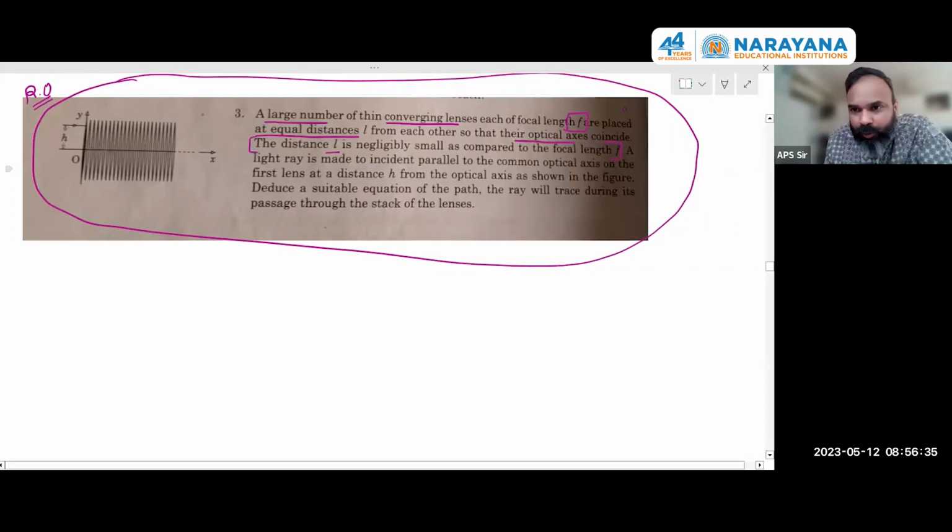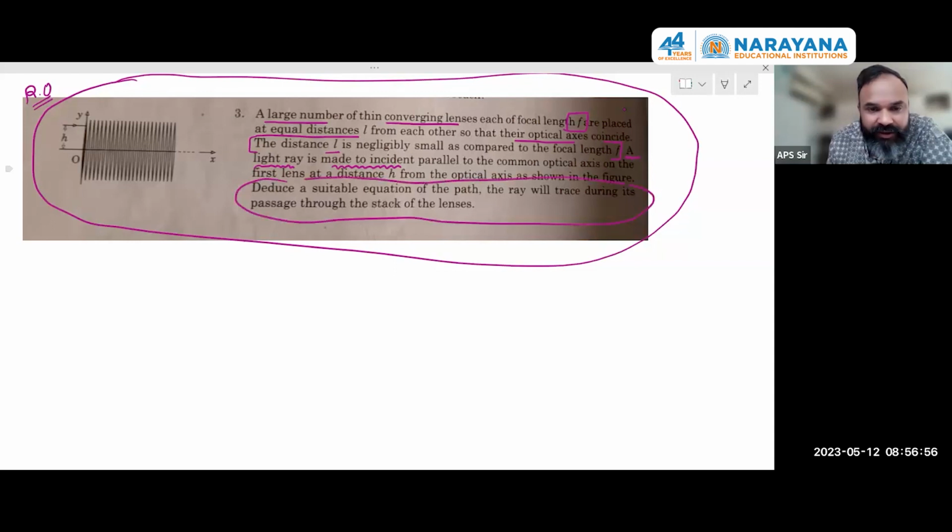Now let us look into the core problem. He says a light ray is made to be incident parallel like this at a distance of h. Because these lenses are stacked very close, that light ray will follow a unique path.